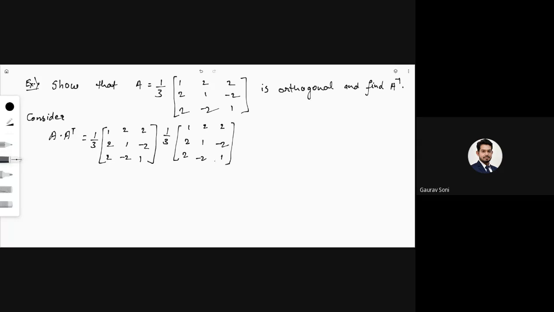This has become A transpose. 1 by 9 in bracket. So 1 plus 4 plus 4, 9. 2 plus 2 minus 4, 0.